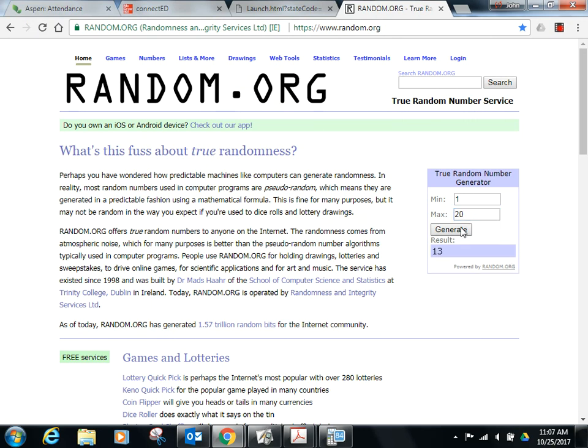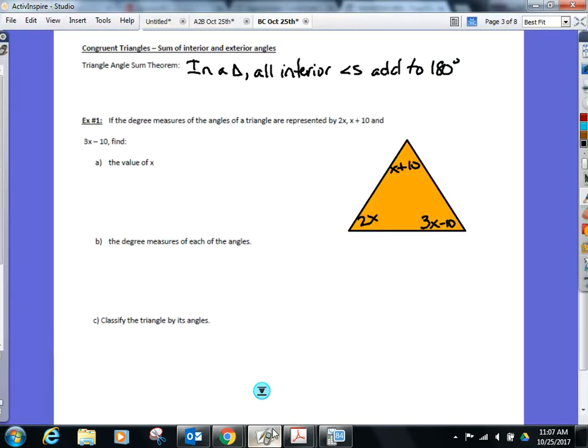Who has an equation I can set up and solve for x? The angles all add up to 180: 3x minus 10, plus x plus 10, plus 2x.